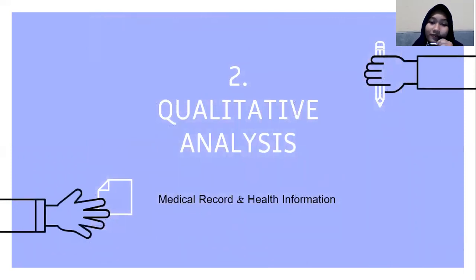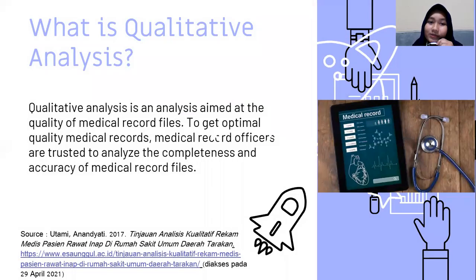2. Qualitative analysis. What is qualitative analysis? Qualitative analysis is an analysis aimed at the quality of medical record files. To get optimal quality, medical record officers are trusted to analyze the completeness and accuracy of medical record files.